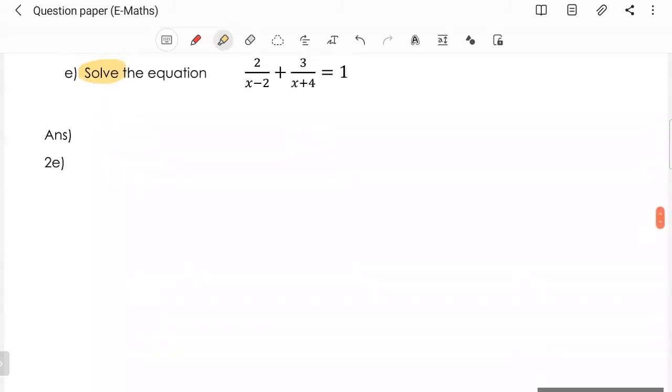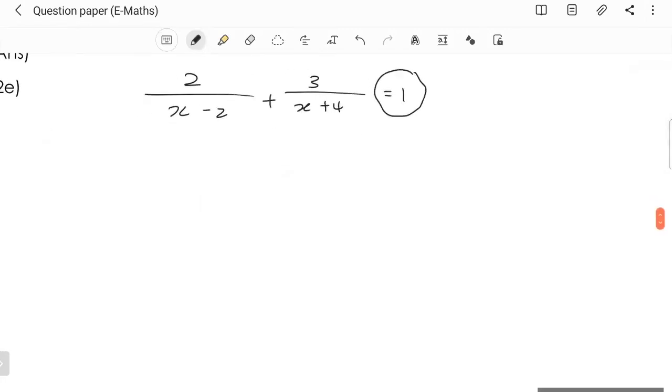Okay, so here, our question: we have 2 over x minus 2, plus 3 over x plus 4, equals 1. You notice that there's an equal to 1 over here, so this is where we can solve for x. Like I said before, I don't really like fractions. I don't like to solve algebra with a lot of denominators, as that's going to hinder me. So in this case, I want to remove my denominator as much as possible.